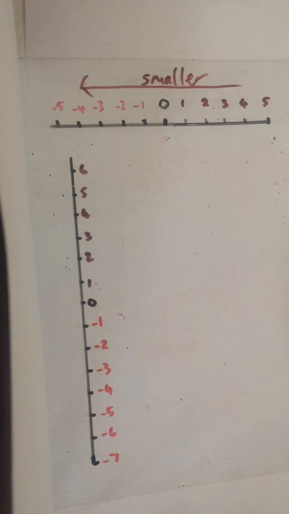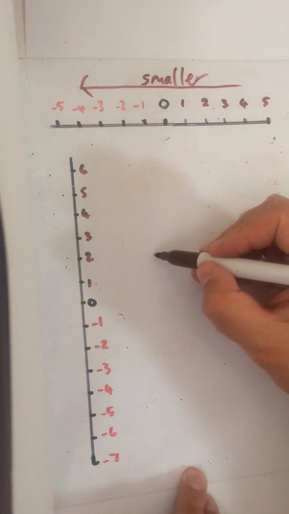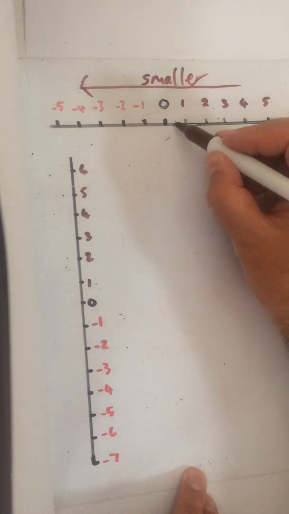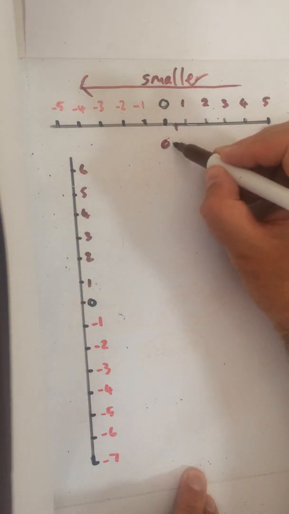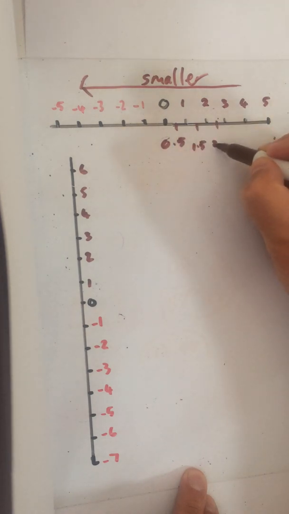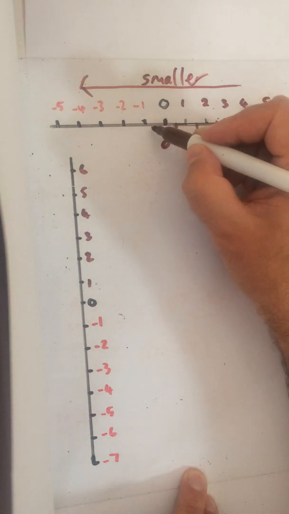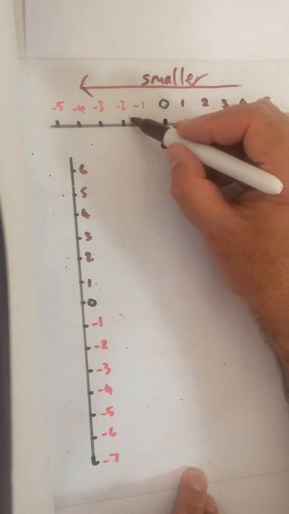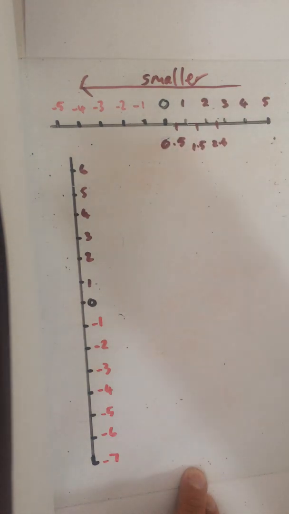If for example you happen to do decimals, the same would be true with decimals. If you imagine this one, this becomes 0.5, this becomes 1.5, 2.5, and the same here, isn't it? Because -0.5, minus. So just remember that when you're doing decimals.